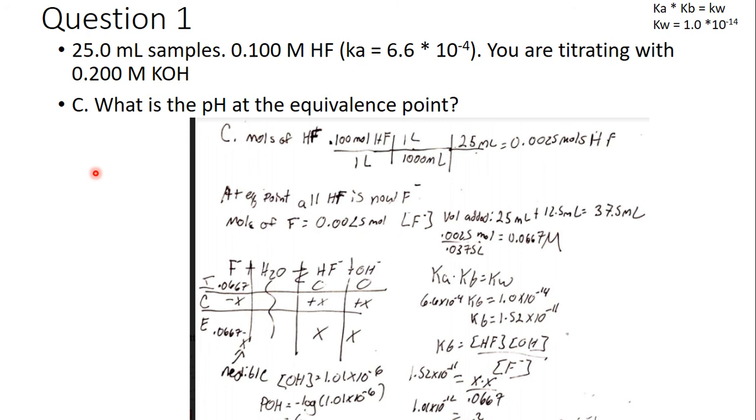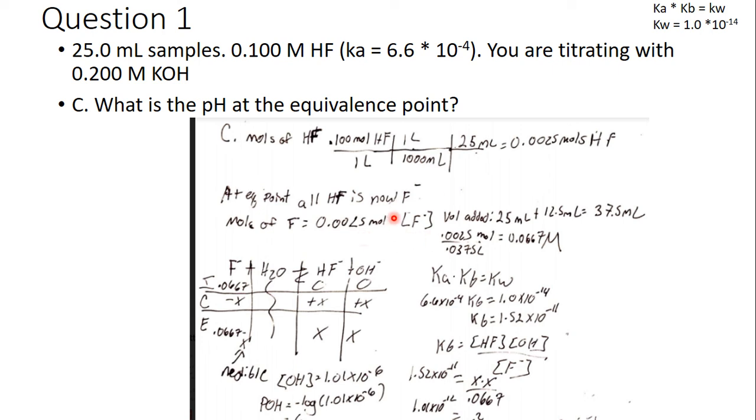This is how you should work through it. Initially, how many moles of HF did we start with? Well, it was 0.1 molar. We added 25 milliliters. That's 0.0025 moles of HF. At the equivalency point, all that HF is now F minus, so the moles of F minus in solution are 0.0025.